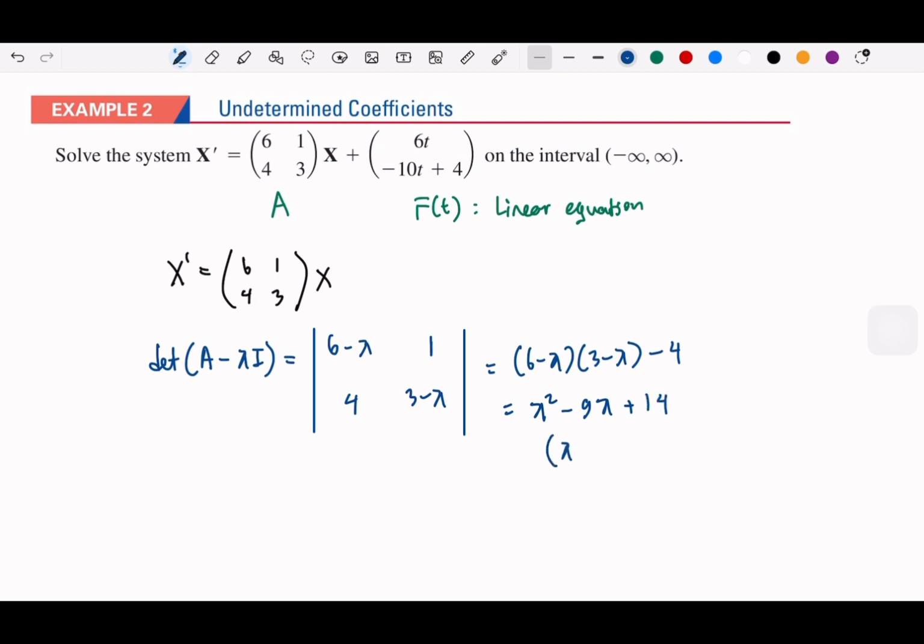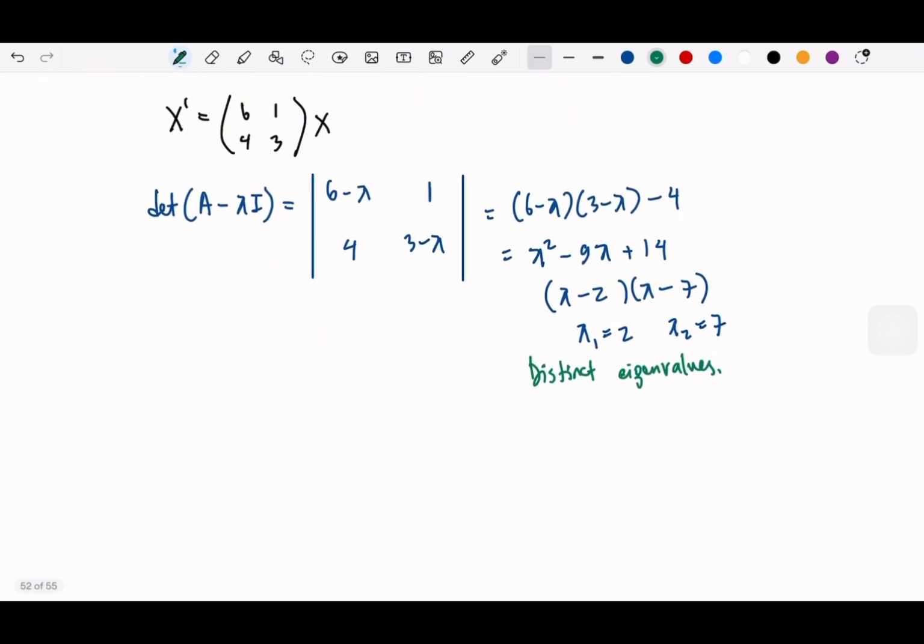So we have lambda can be factorized, 2 and 7. So there's distinct eigenvalues. So distinct eigenvalues, and then solve.